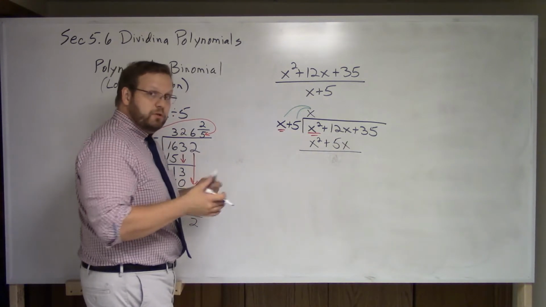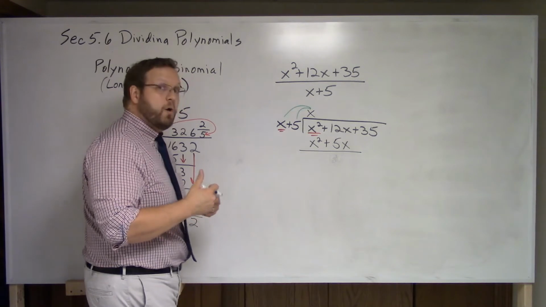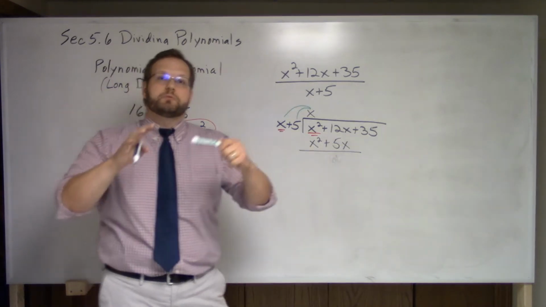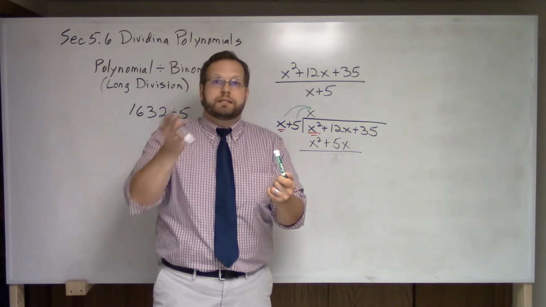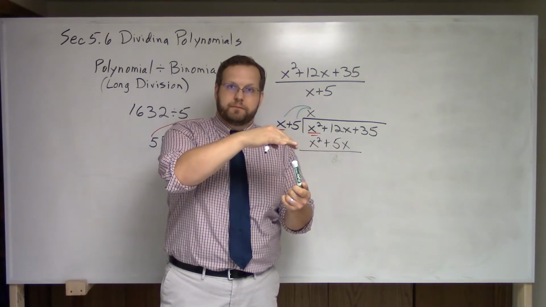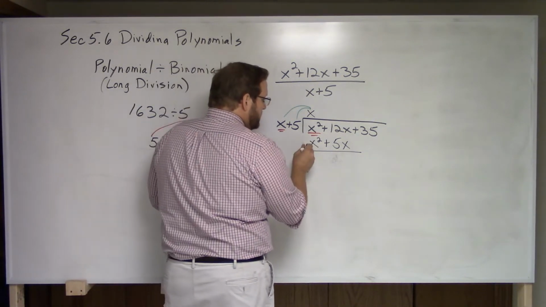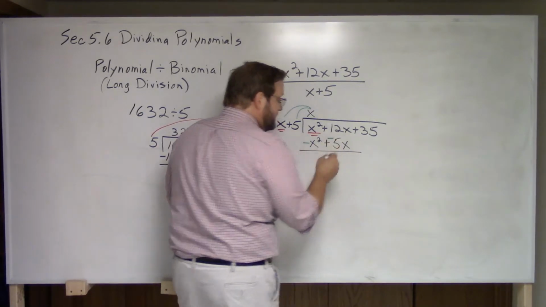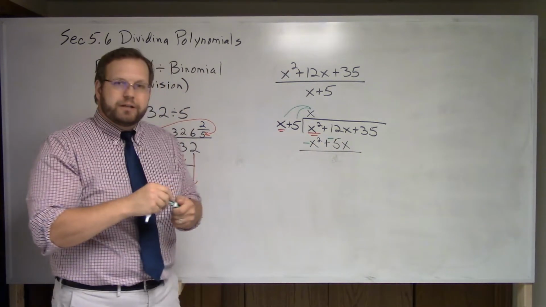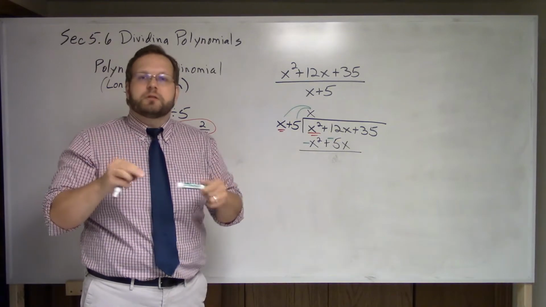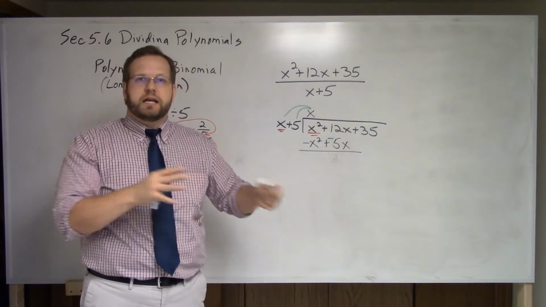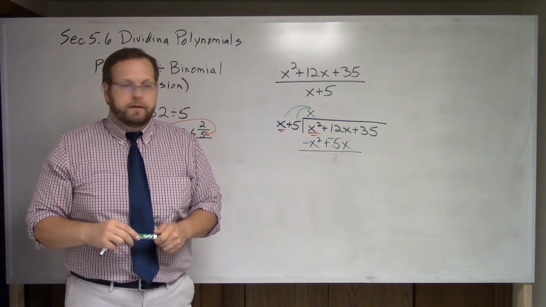Okay, that was the multiplying part. Now I subtract, but remember when we subtract polynomials, we typically distribute the negative. Okay, so what I'm going to do here is change all the signs. That's distributing a negative. But don't think of subtract or distribute. Think of change the signs. Change the signs, that tells you exactly what you need to do.